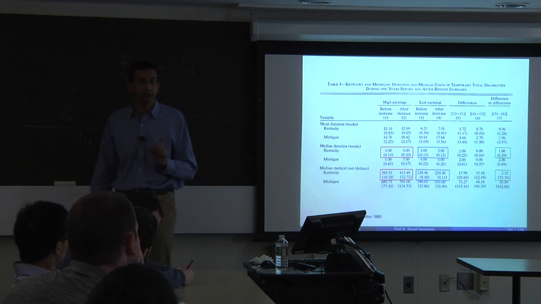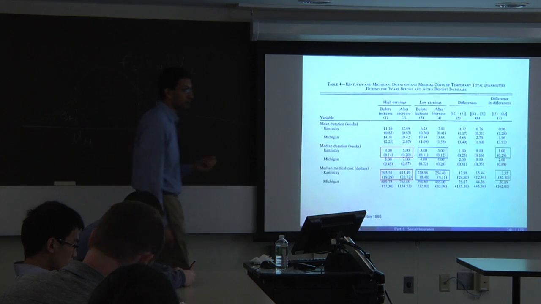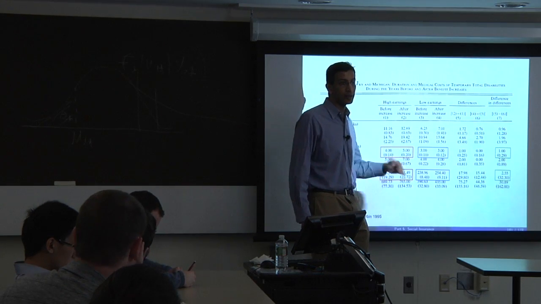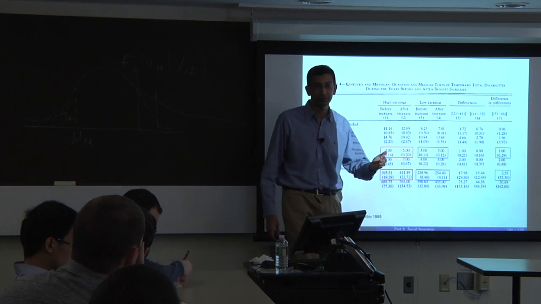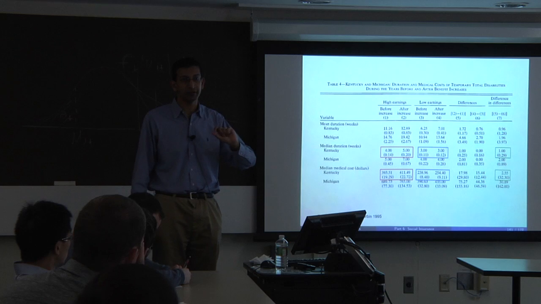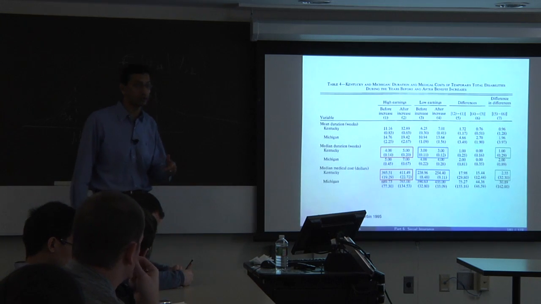So the other way to implement this, just from a practical point of view, is define a threshold. Suppose the median is 4 weeks in the sample as a whole. What fraction of people have durations of more than 4 weeks? That's a statistic where you can just define an indicator for having a duration of more than 4 weeks and put that on the left-hand side and do an OLS regression.